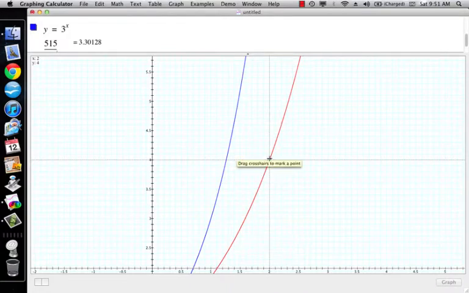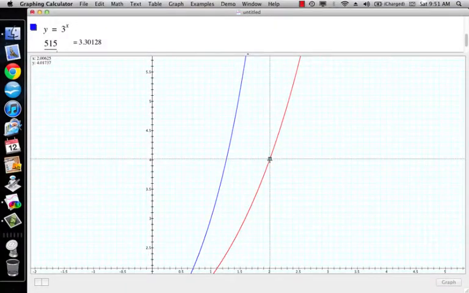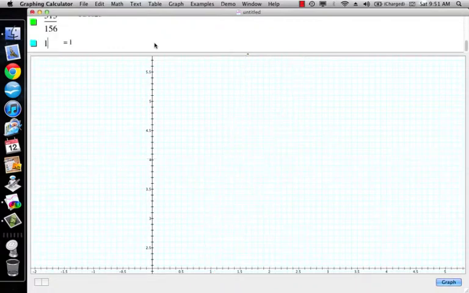Then we move it a hair, and we get 1737 divided by 625, and we get 2.7792.